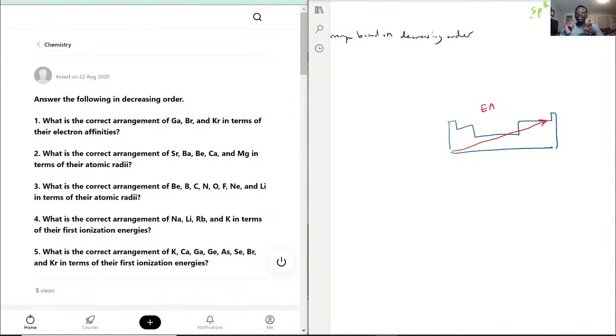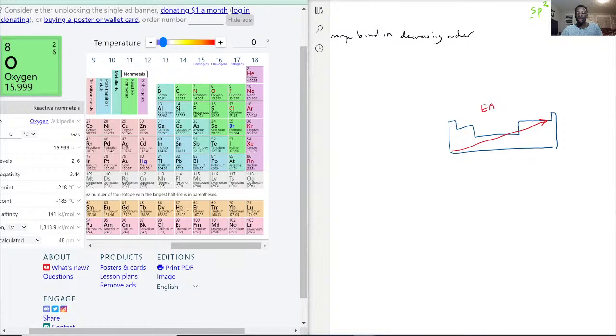And another thing is that as you go up, you have fewer shells to deal with, meaning that the interaction between your nucleus, where the protons are, and the surrounding electrons is much stronger. So that's why it goes to the right and up. The more right and up it is, the higher the electron affinity. With that being said, let's look at the periodic table.